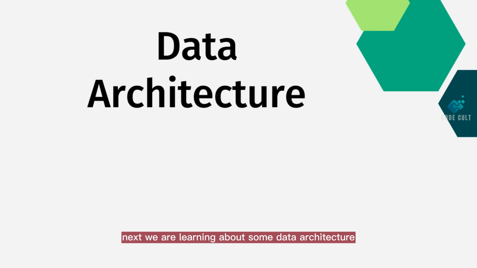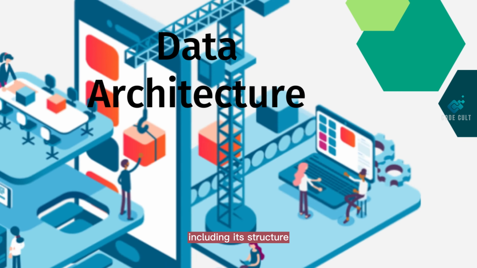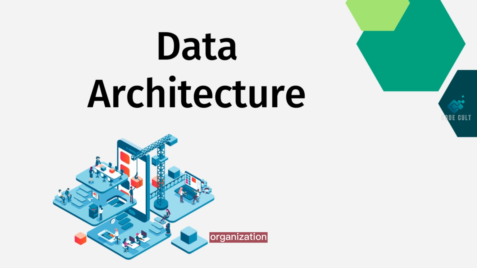Next, we are learning about some data architecture that's useful for data engineering. Data architecture in data engineering refers to the overall design of a data system, including its structure, organization, and components. It encompasses the processes, policies, and standards for managing data throughout its life cycle, from collection to storage, processing, and analysis.